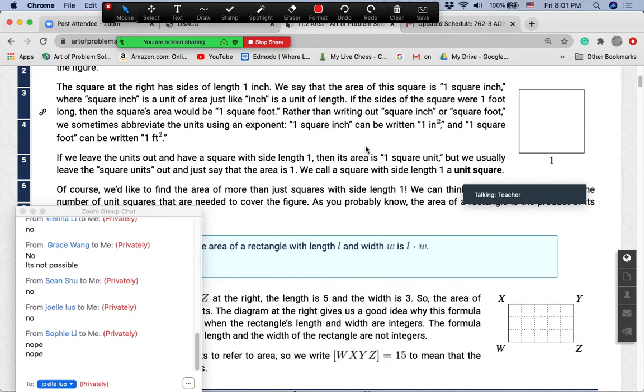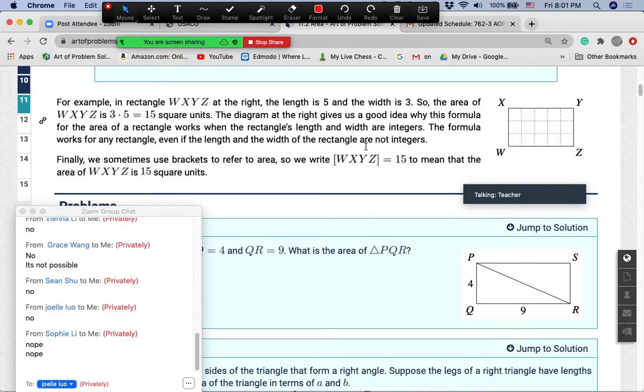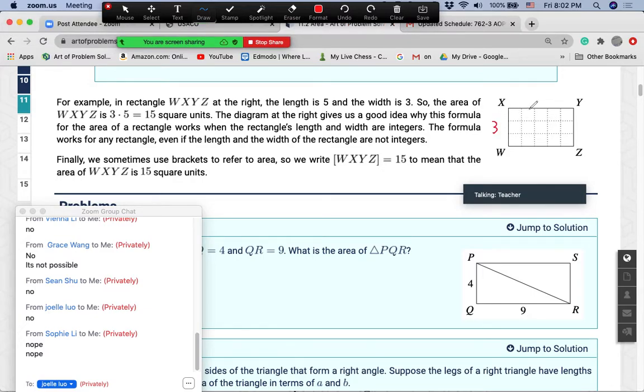So now let's see an example. Suppose we have this rectangle. This rectangle has a width equal to 3, right? So you can see 1, 2, 3. Width is 3. Length is 1, 2, 3, 4, 5. Then you consider using these little 1 by 1 squares to fill the inside of this rectangle.